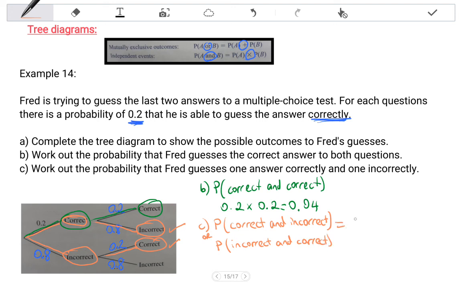So each one is the multiplication of 0.2 and 0.8, but in the opposite order. That doesn't change their answer. The answer is 0.16, and both of them are the desired outcomes. So I'm going to add both to have 0.32. This is the answer of part C.